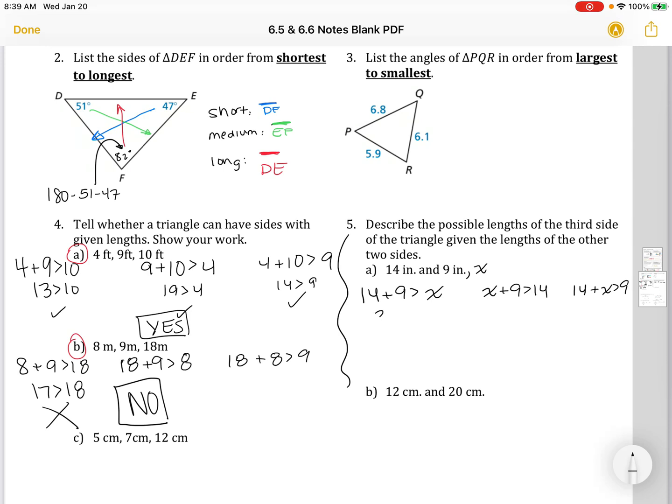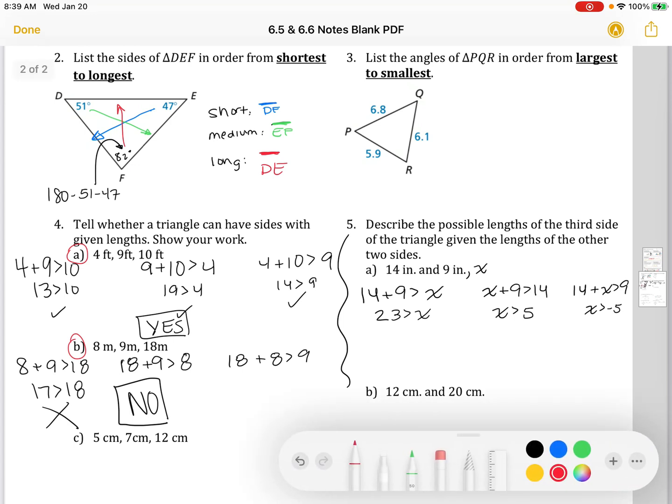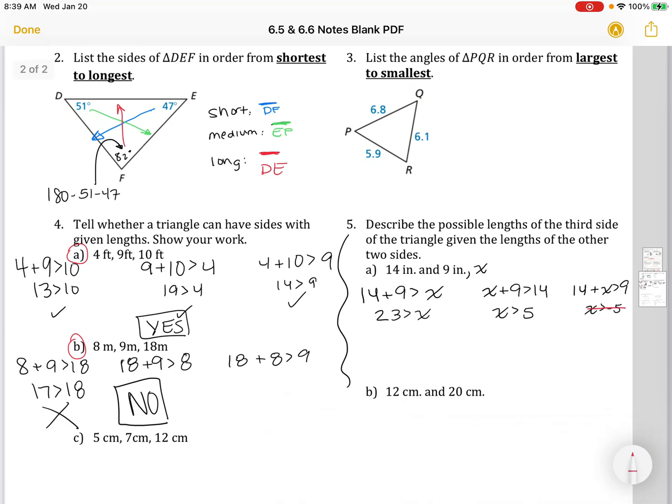Add these together. 23 is greater than x, x is greater than 5, and x is greater than -5. We cannot have a negative side length, so disregard that immediately. A side length will often come out negative, so immediately disregard it.